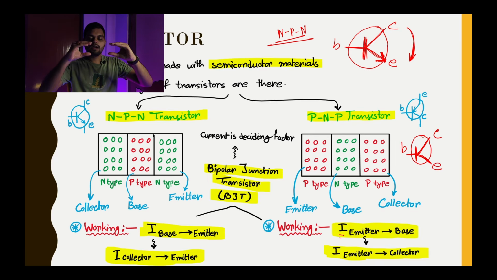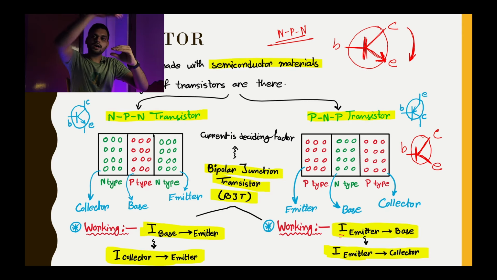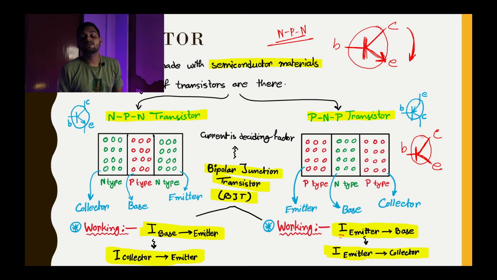Okay, just have a look. PNP. If we have a little bit of current flowing from the emitter to the base, a larger current will be flowing from the emitter to the collector. Okay, it's working of PNP transistor. So if a small current flows from the emitter to the base, a larger current will be flowing from the emitter to the collector.